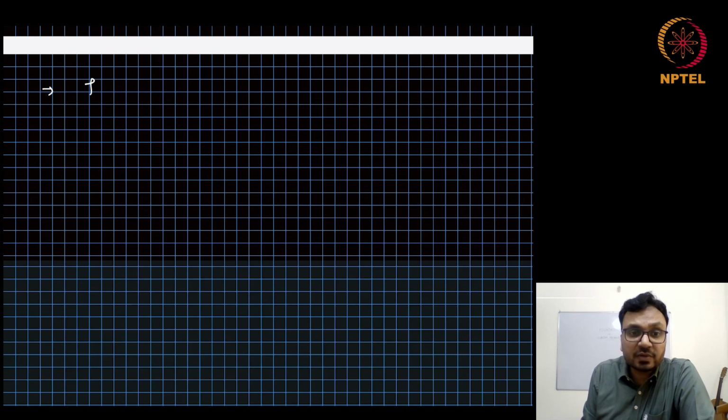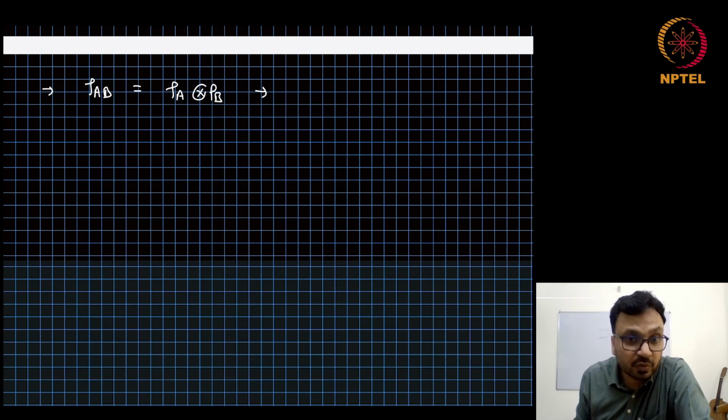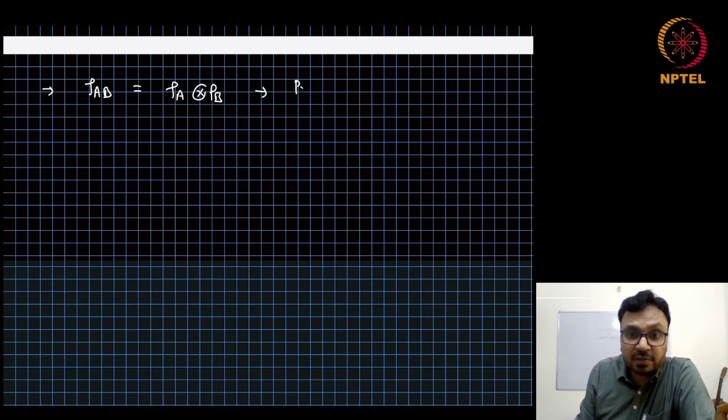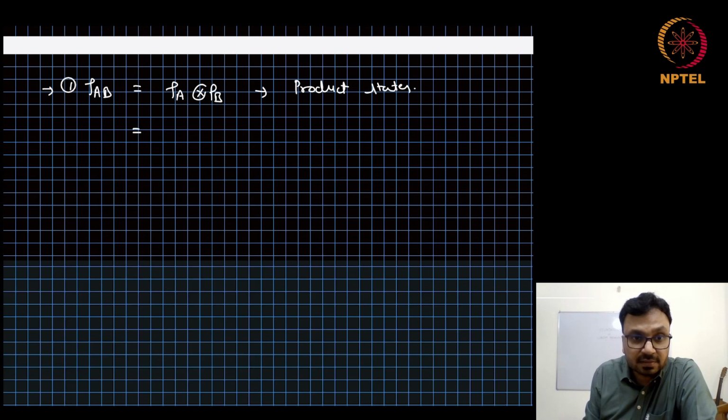If we are given a state rho AB, we can have this state of the form rho A tensor rho B. We prepare them independently and put them together, and we get this kind of state, rho A tensor rho B. They are called product states. This is case 1.